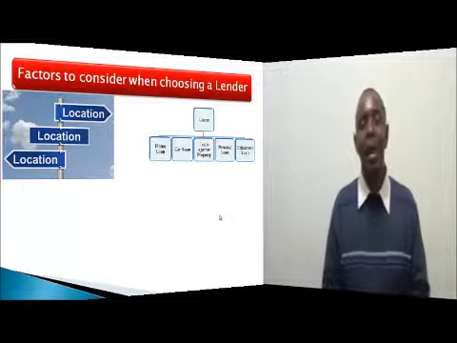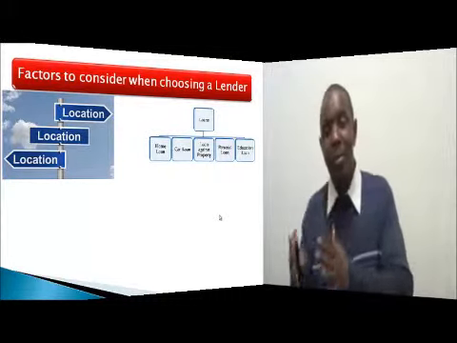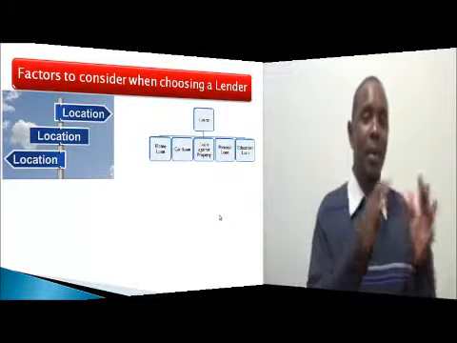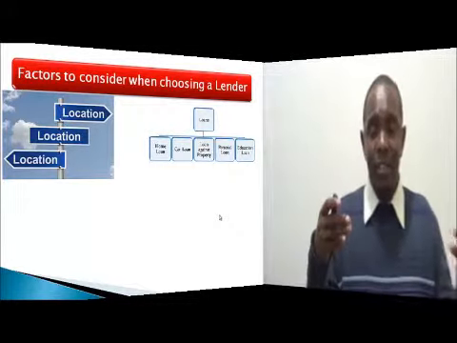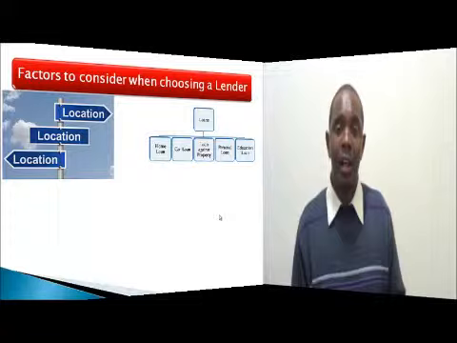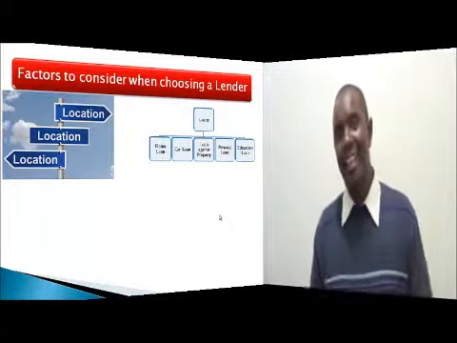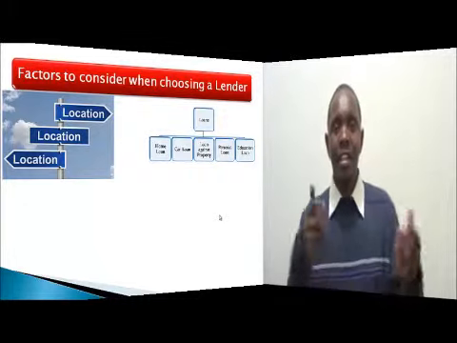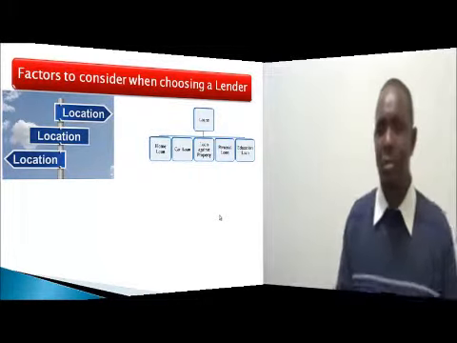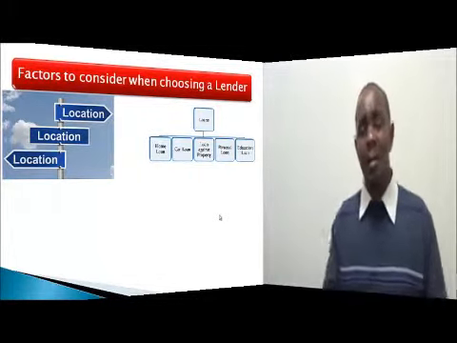Depending on what you want, you can get that product from a particular bank. For example, if it's construction, you can approach a bank that offers construction loans, let's say like Henkel, we have the housing finance, we have Safe System Bank, we have KCB, among others.